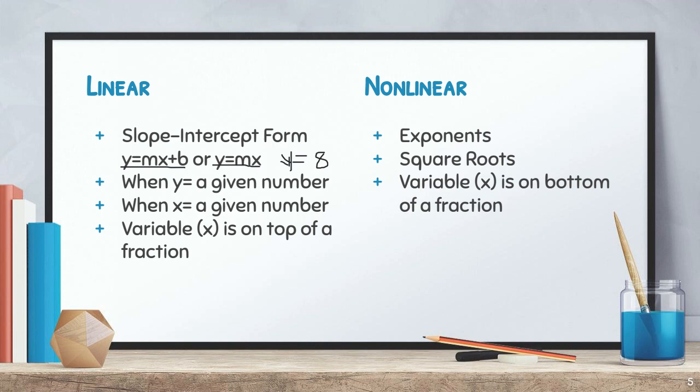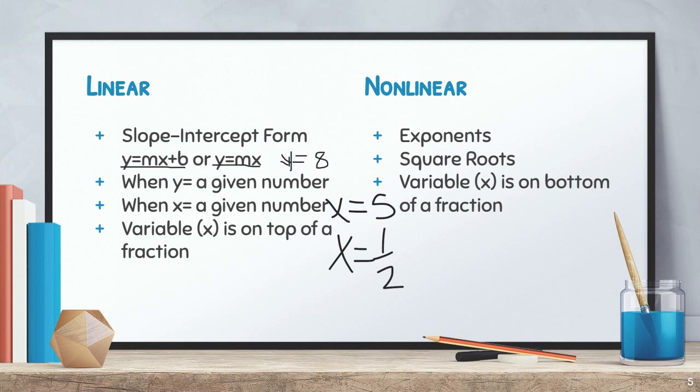So the same thing happens whenever I have x equals a given number. If I have that, let's say x equals 5, that would be a vertical line. And it doesn't matter if it is x equals 5 or x equals 1/2. If x equals a number, that's going to be a vertical line and it would be a straight line.